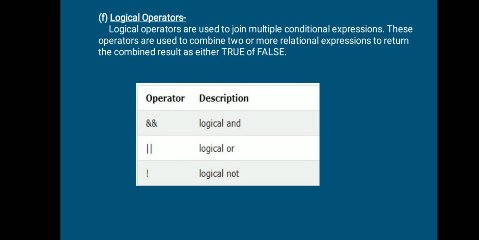The result of this logical expression will be either true or false, that is a Boolean value. So here we have and, or, not. Double ampersand is logical and. Double pipe symbol is logical or, and the not symbol. So these are applied when we are using them on multiple expressions.